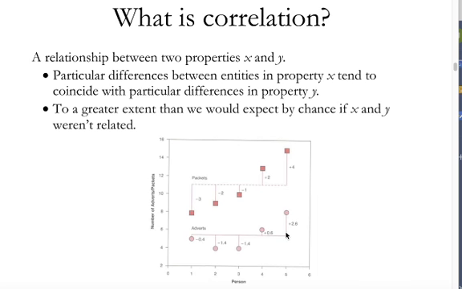So this is a graph, I mean, it has very few data points, but it's just illustrating the point that you could use variation in this measurement to predict variation in this one, or vice versa, because these two sets of measurements seem to be related to one another. In particular, people who score greater than average on one measurement tend to score greater than average on the other one as well. If these were not related, then you wouldn't expect that.